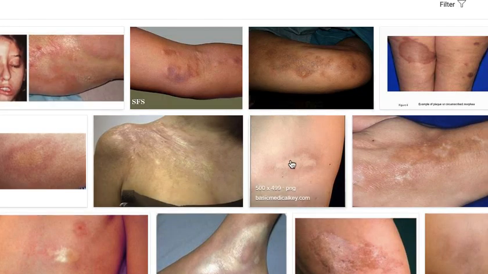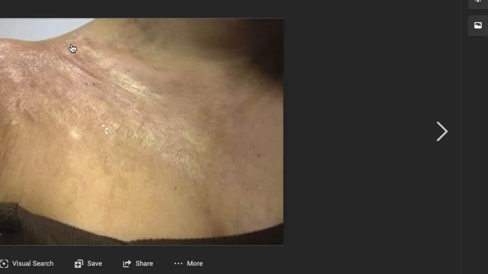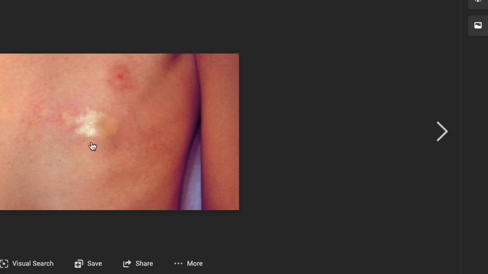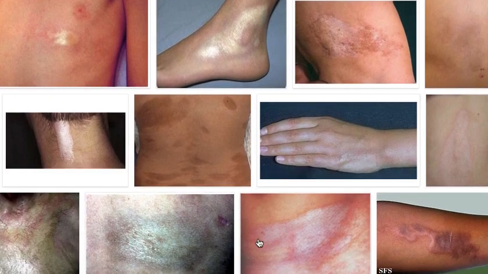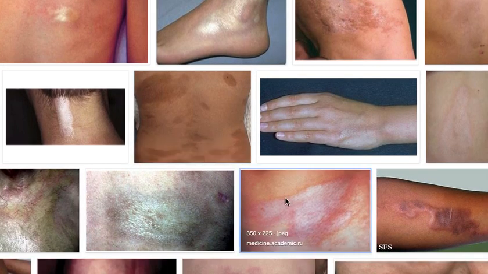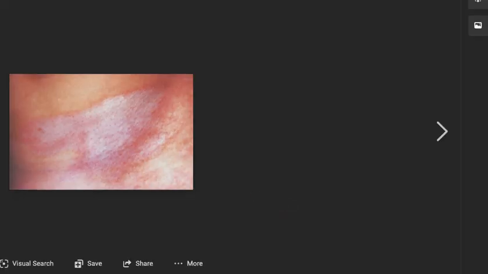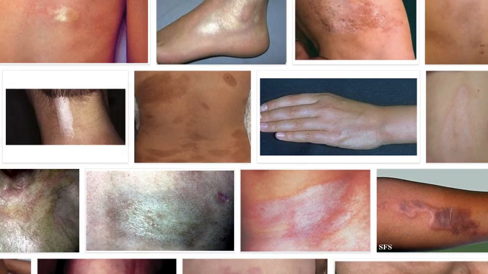For example, in this photograph they have involvement of this part of the skin. This patient who has morphea, basically all the internal organs are normal. It is a very localized type, just in this region, or here, for example. This is called morphea.